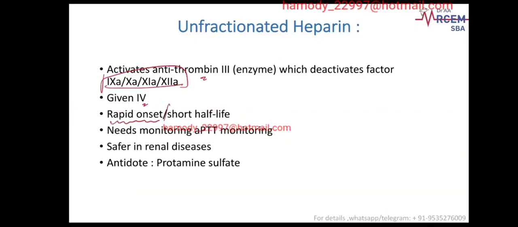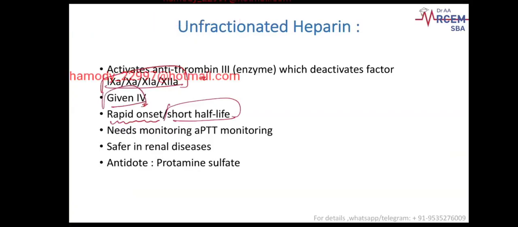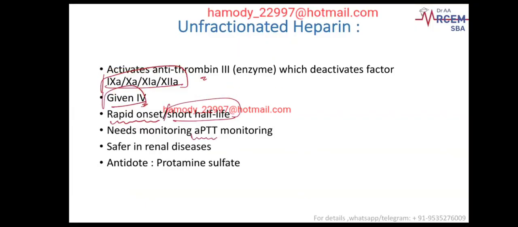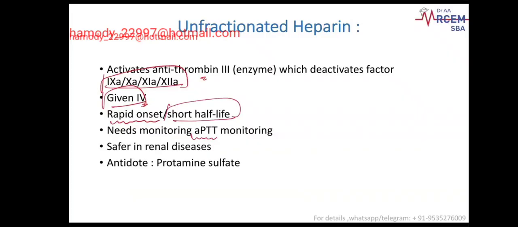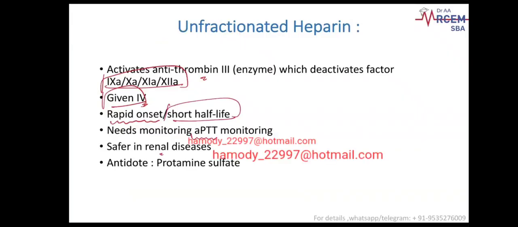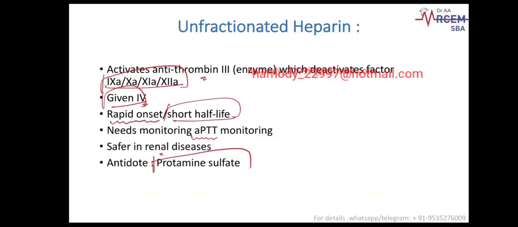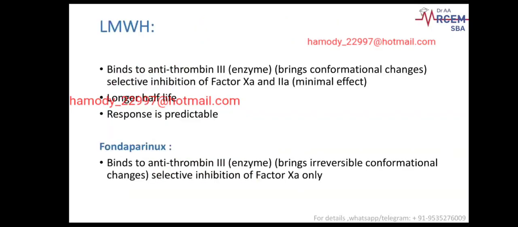The disadvantage is it's very short-lived, so you need to give multiple doses, and it is available only in the IV form. You need to monitor APTT very closely because of the rapid onset and short half-life. It is very safe to give in renal diseases. The antidote for heparin is protamine sulfate.